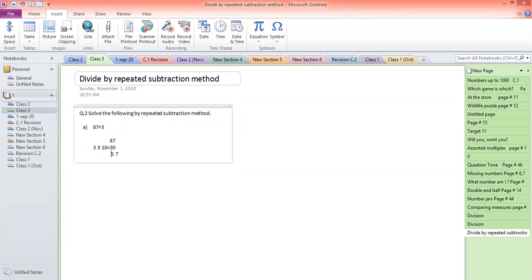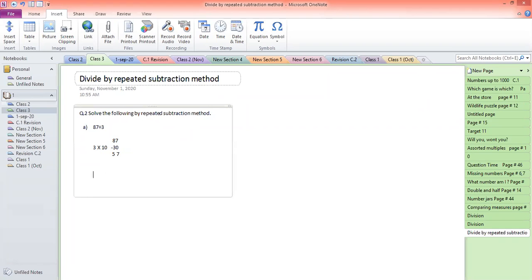So it becomes 57 now. This is the way you have to write. You write 30 here, and then you minus this 30 from 87, and it becomes 57. The next step is to again multiply 3 by 10.